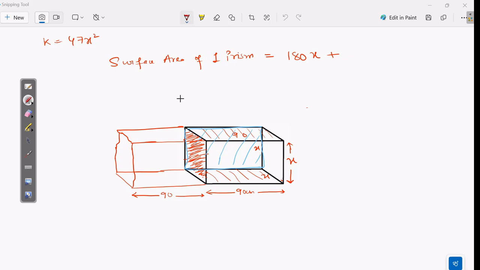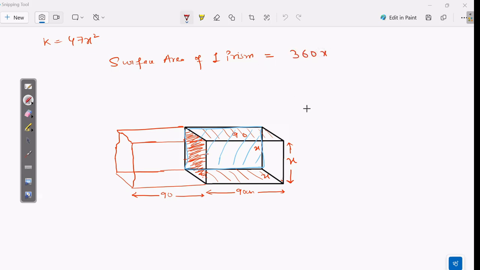Plus, wait, it's back over there. Isn't that also 90 times x? Yes, that will also be 90x. Wouldn't it be 360x? Exactly. So 360x, I'll just write 360x.